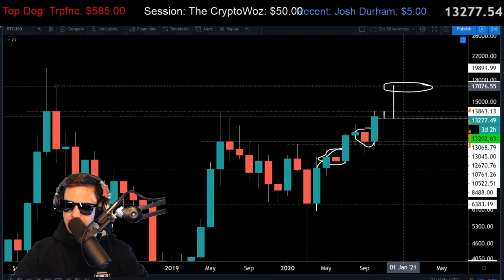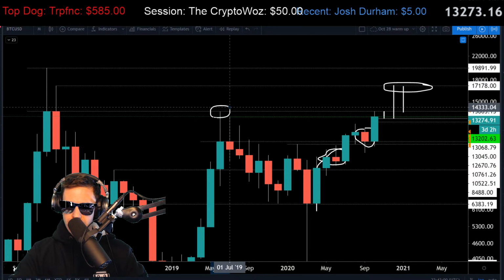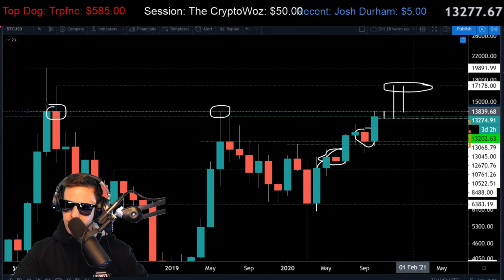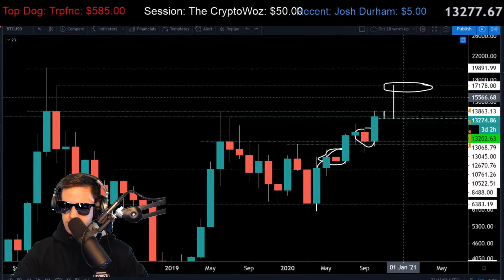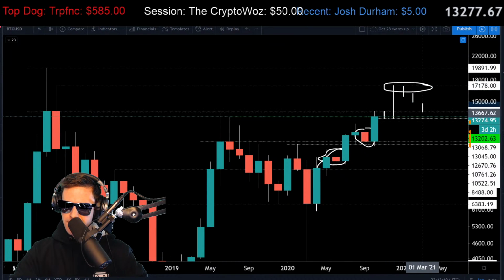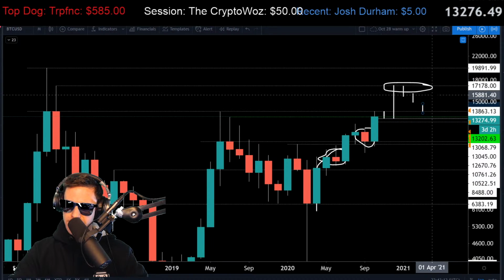If we get that, I'm looking for a back test at 13.8. Our monthly closes and our wick high in June for the first quarter of 2021. Who knows what that looks like? That could be maybe 3 slow red candles.